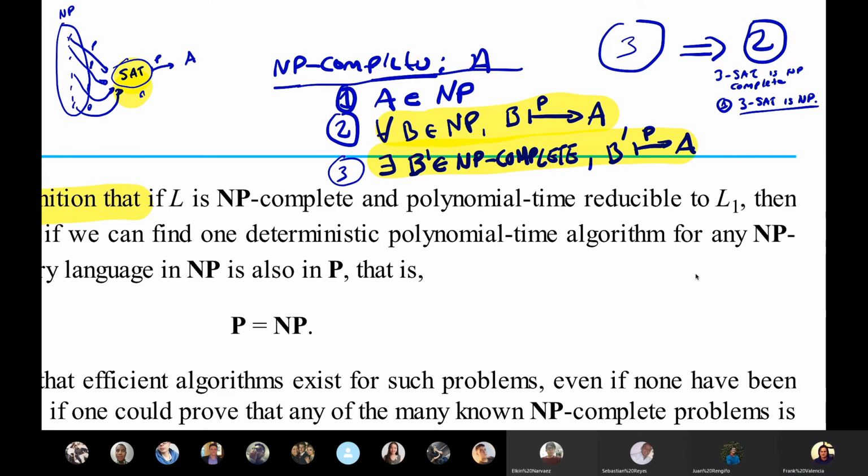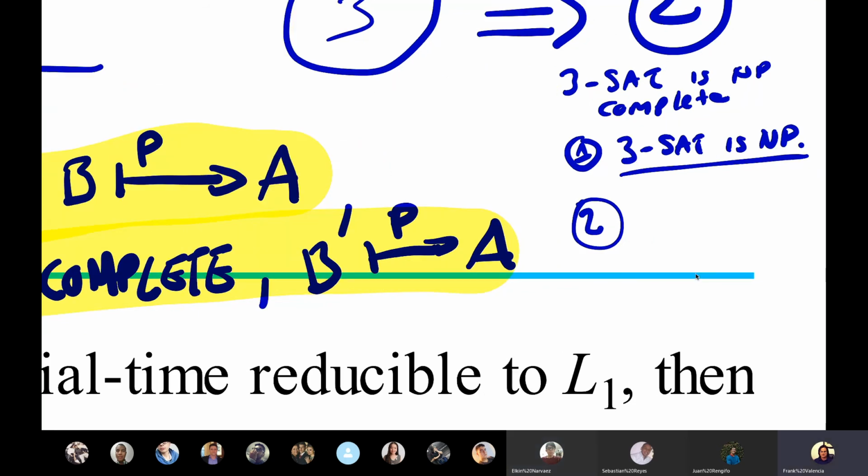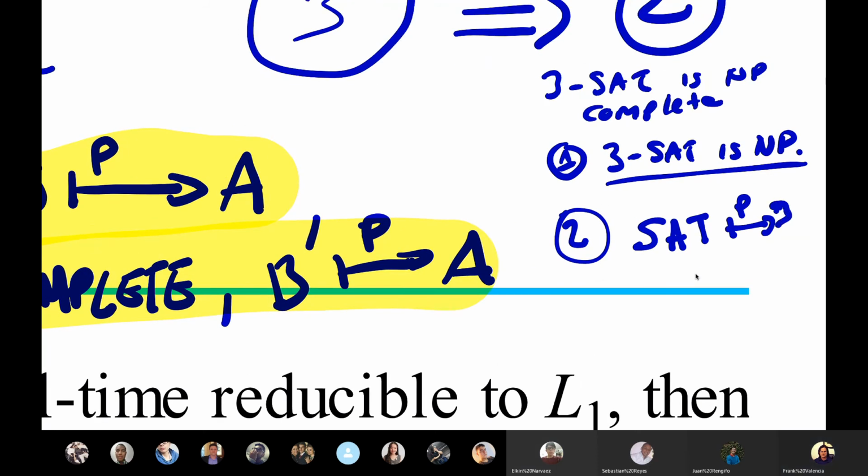How can you do that? We already did, but what NP complete problem do you reduce to it? The SAT problem. Yeah, so we already saw that SAT can be reduced in polynomial time to 3SAT.